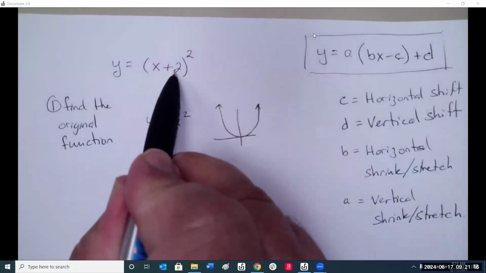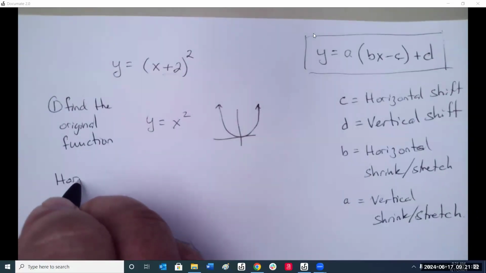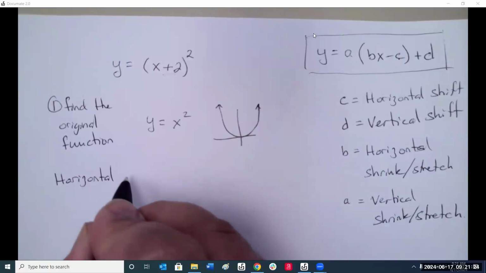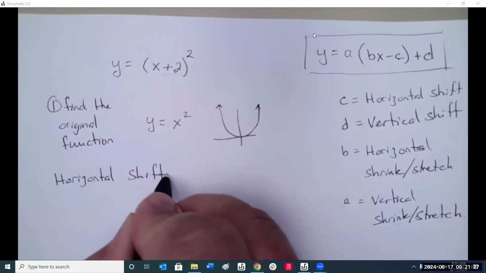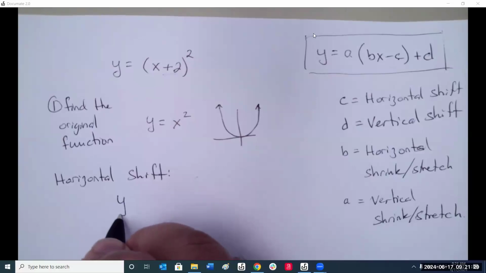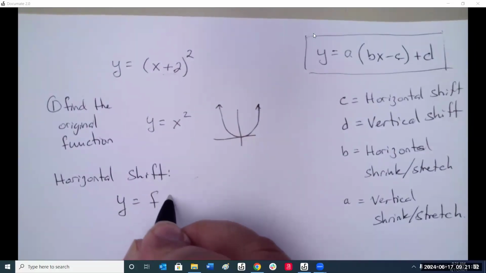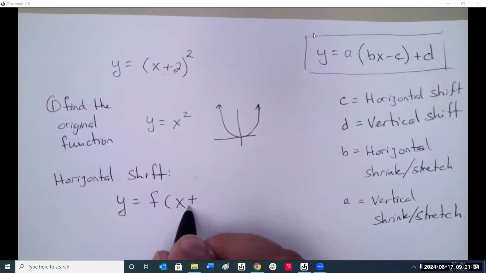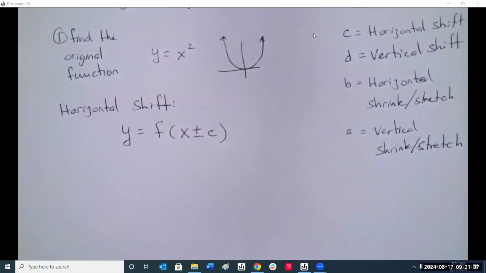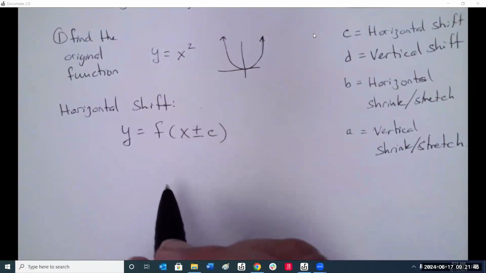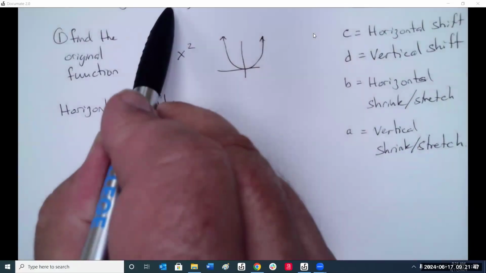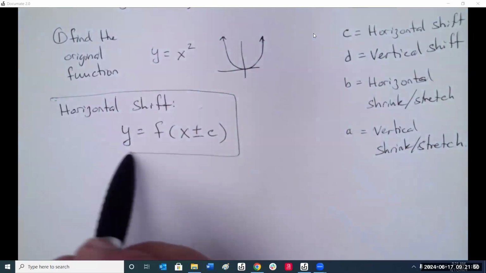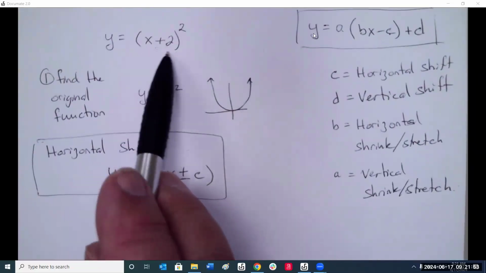Since this is happening inside there, the horizontal shift looks like this. That's what the horizontal shift looks like. It happens inside the function. So our function is this.